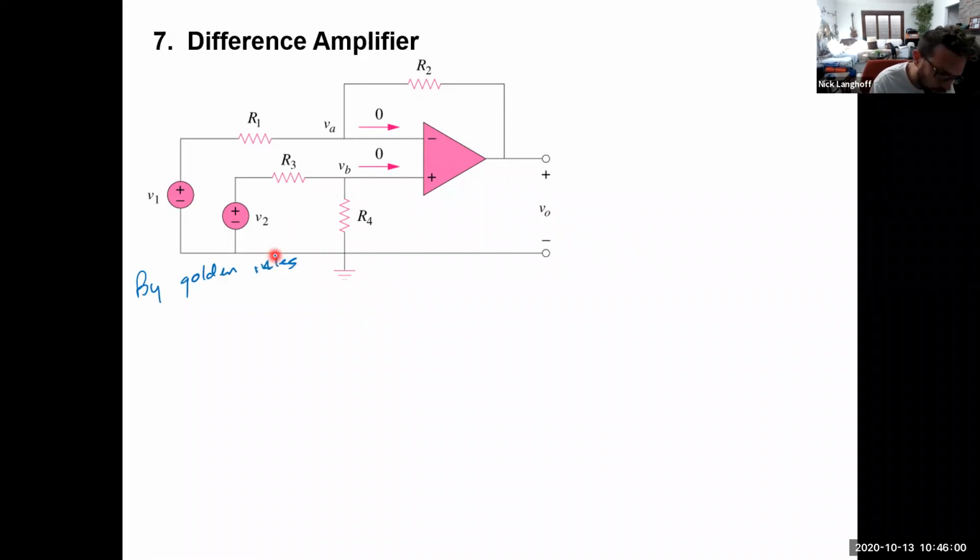Okay, so by the golden rules, if we do a nodal analysis at VA, all right, so the difference amplifier has two signals, V1 and V2. And it has four resistors, R1, R2, R3 and R4. And it produces an output voltage that is equal to some kind of, well, we'll see what it's equal to in just a second.